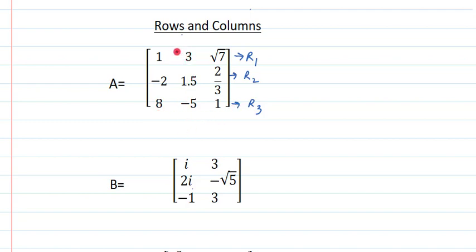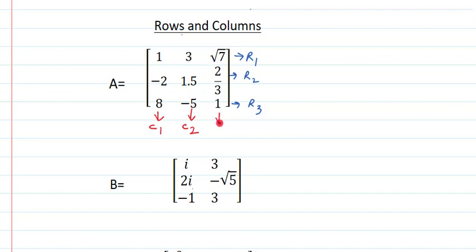Similarly, as I told, the vertical entries are called columns. So, we have 3 columns in matrix A. Column C1 has entries 1, -2, 8. Column 2, let me name it as C2, has entries 3, 1.5, -5.